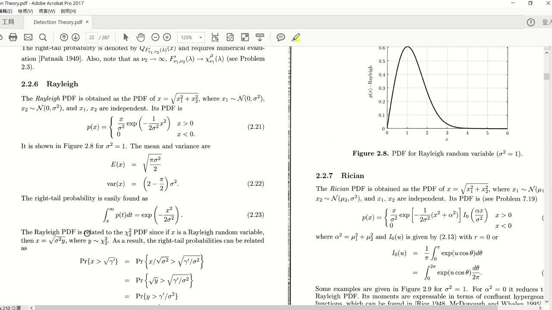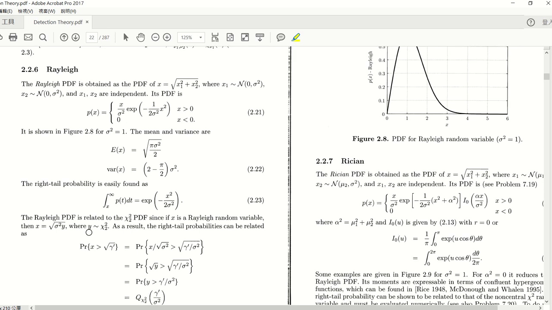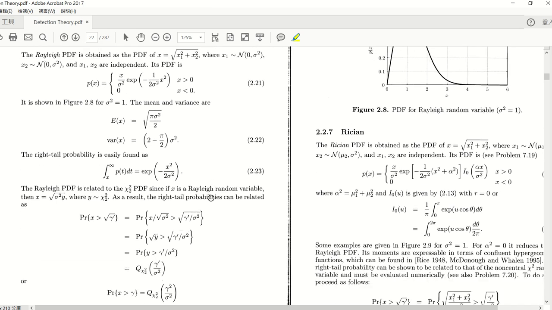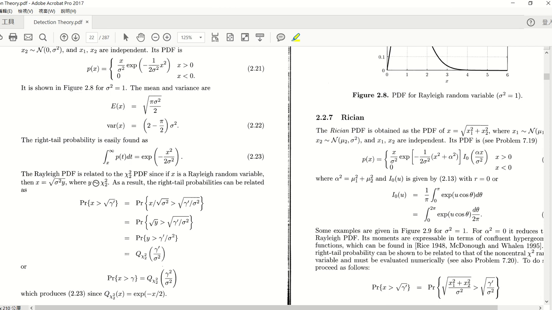Okay, so the Rayleigh distribution is related to the chi-square PDF, since if x is a Rayleigh random variable, then x is equal to the square root of sigma square y, where y is distributed by chi square with degree 2.